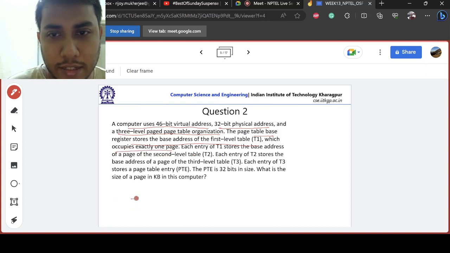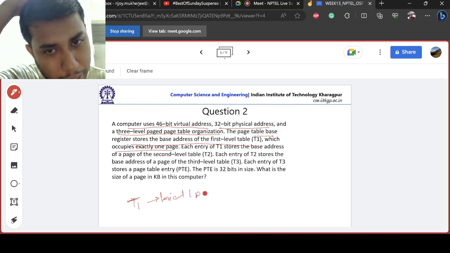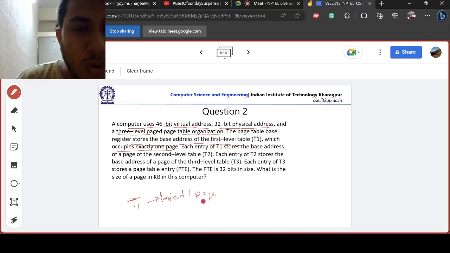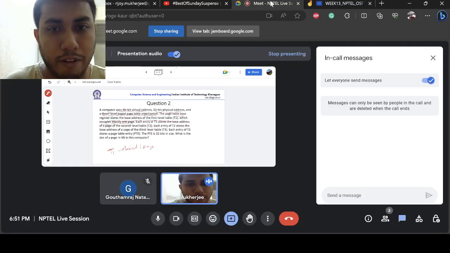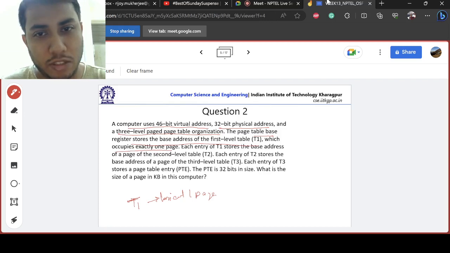So it says that T1, the base level page table, is basically one page, and it is logical because you want the minimum number of pages in your first level. In normal systems, at the first level you have only one page table, whose size is the size of one page.